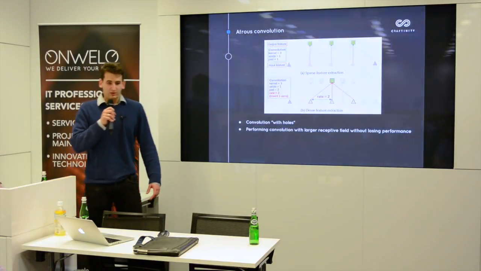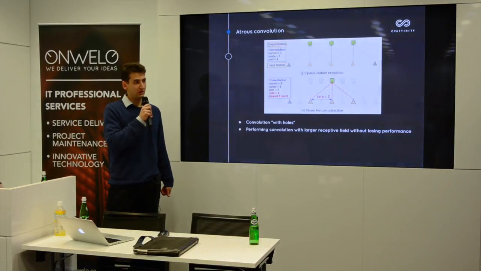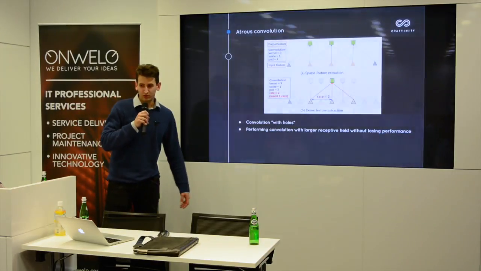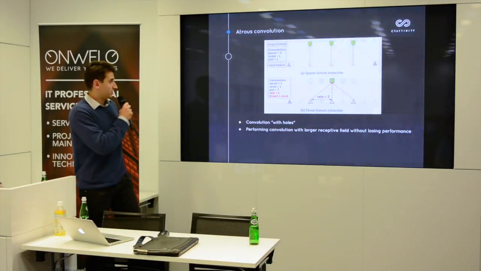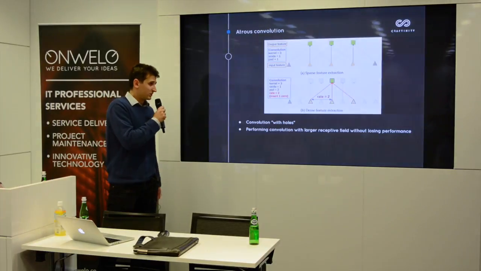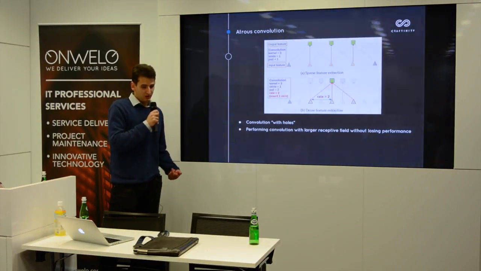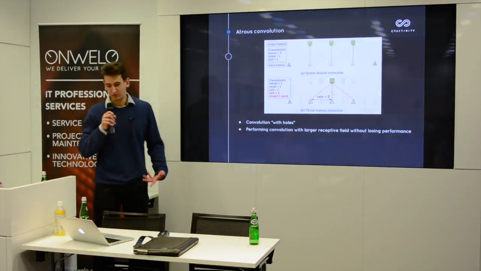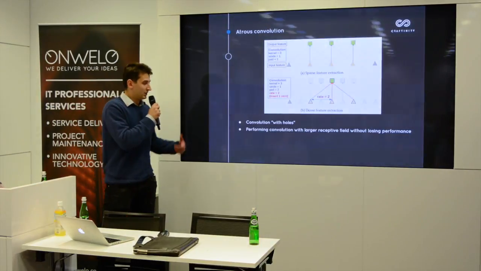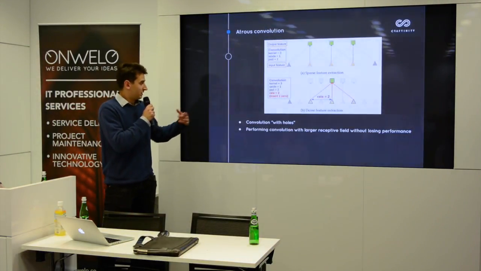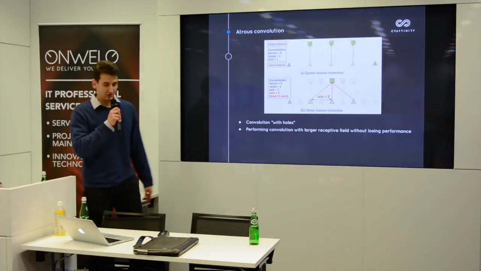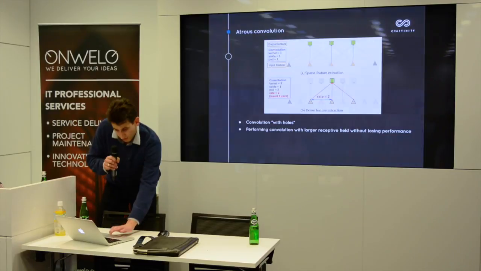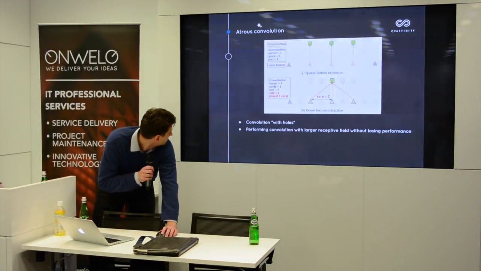And second, it allows us to enlarge the field of view without sacrificing too much of the performance, because the convolution with holes is comparable in terms of performance to the standard convolution, because we don't take the half of the input or the third of the input. Okay.